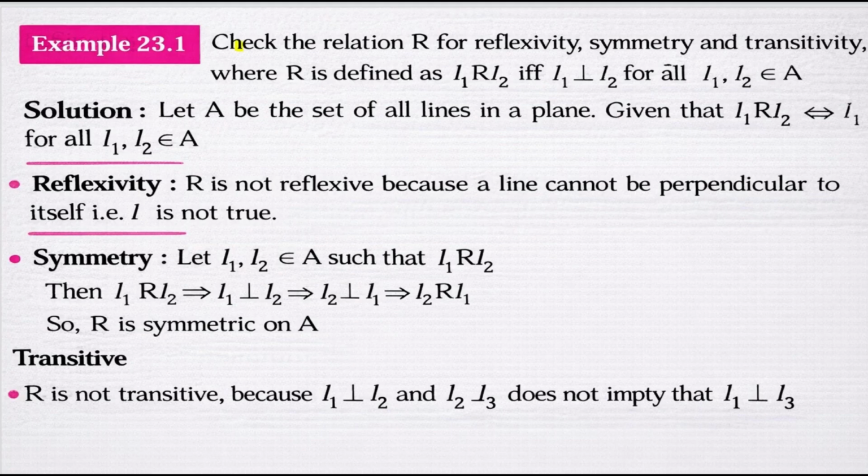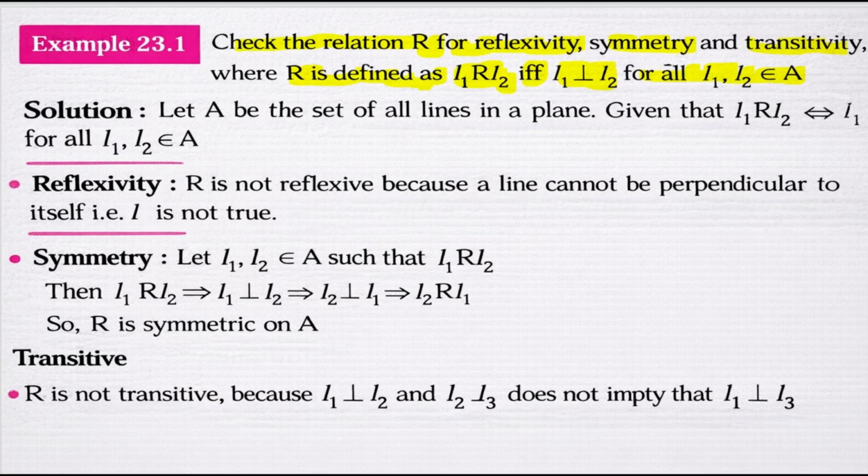Then we will go to one more important example to verify the three relations also. Now check relation R for reflexivity, symmetry and transitivity, where R is defined as L1 related to L2 if and only if L1 is perpendicular to L2 for all L1, L2 belonging to set A. What is the set A?